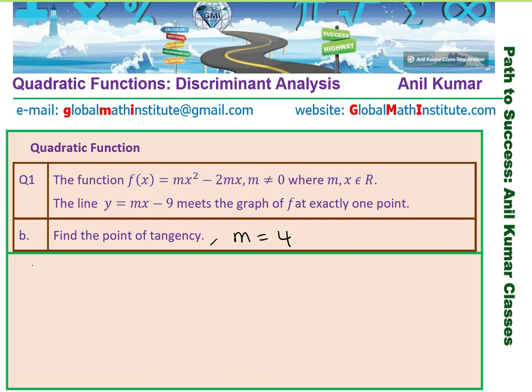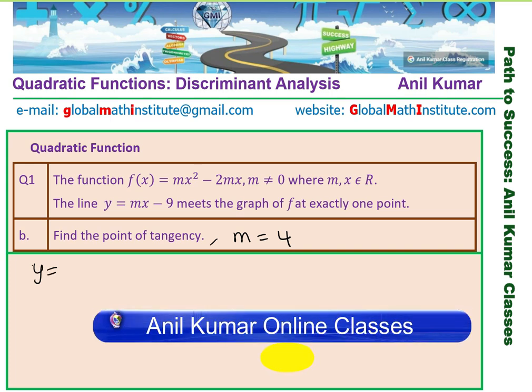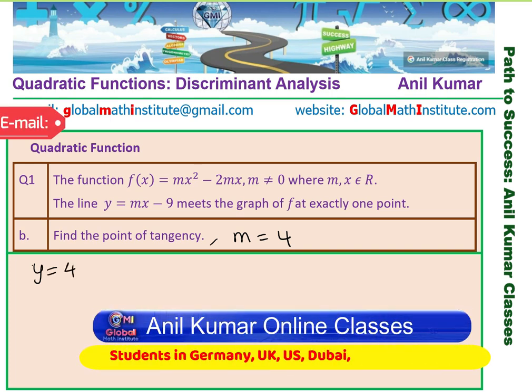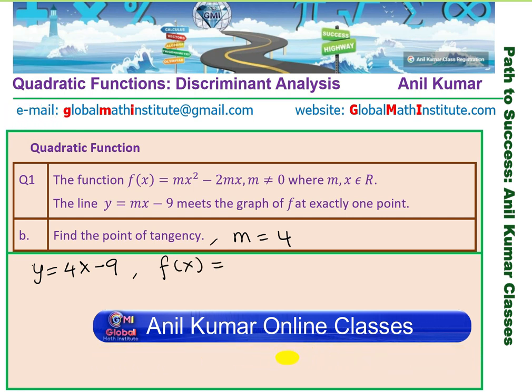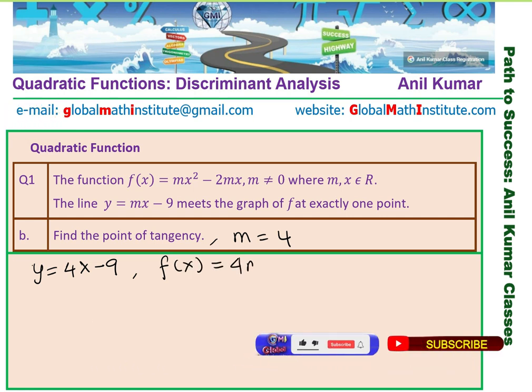So y equals 4 times x minus 9, and the function f of x can now be written as 4x squared minus 4 times 2, 8x. So that becomes the function.